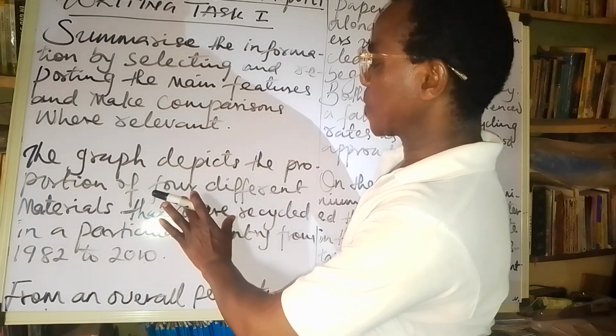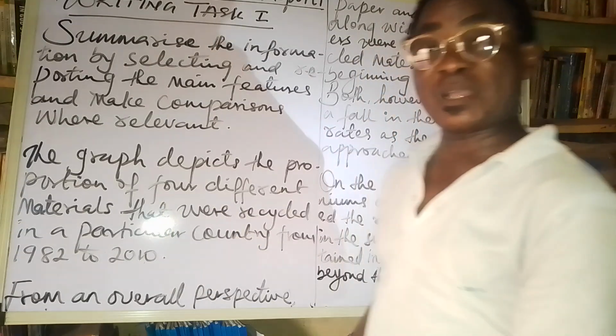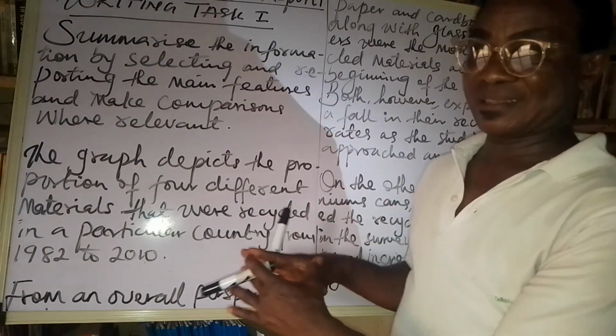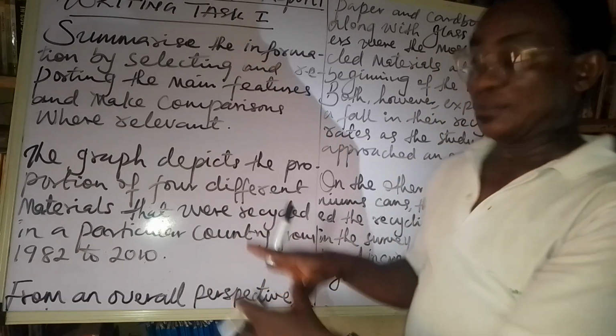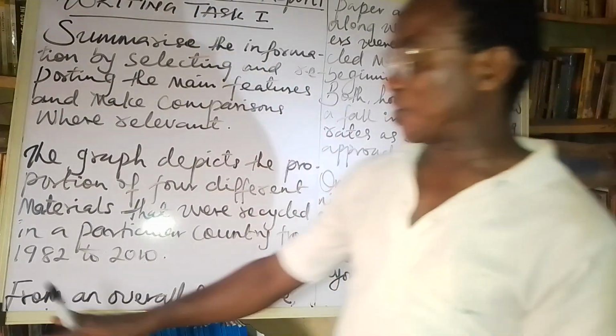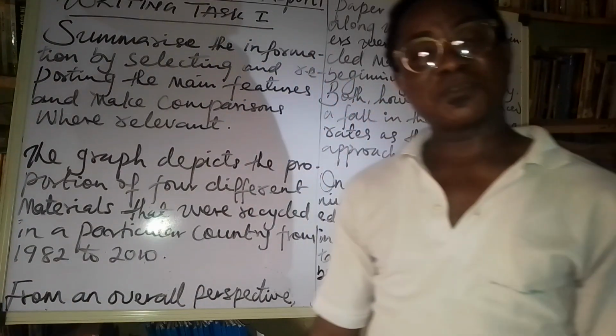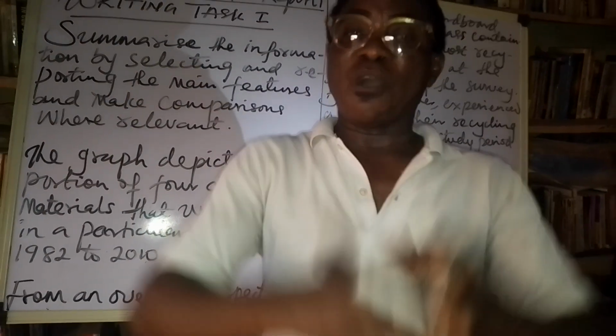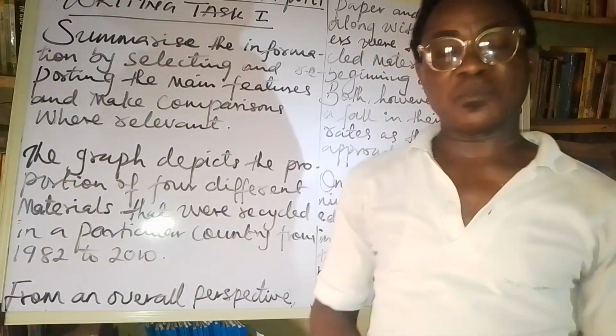After the first paragraph, which you can call the intro, the introduction, which is a paraphrase of the original information on the graph, what follows is the second paragraph, where you present your overview of the graph, of the economic model.